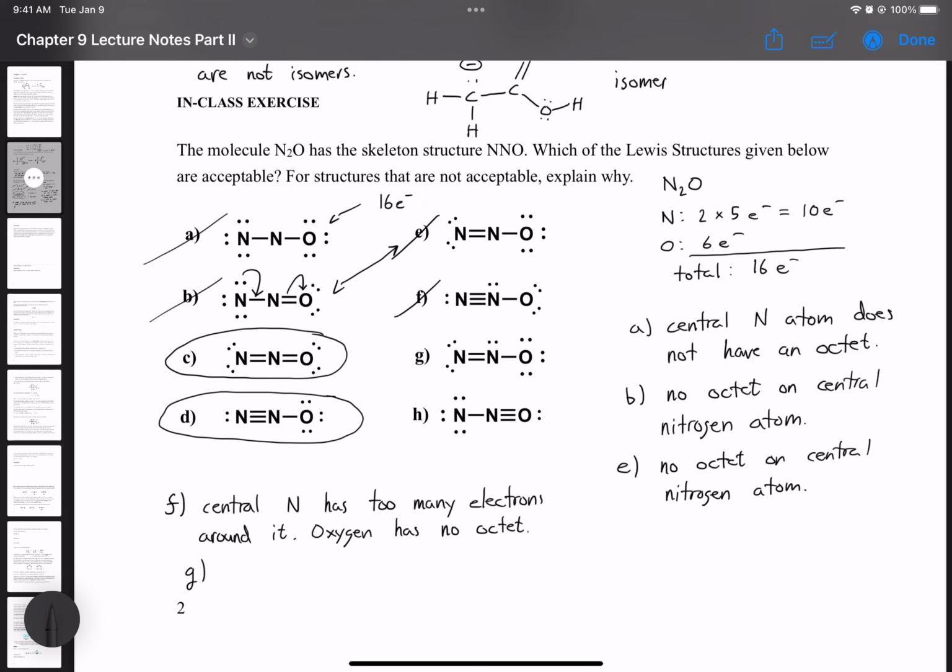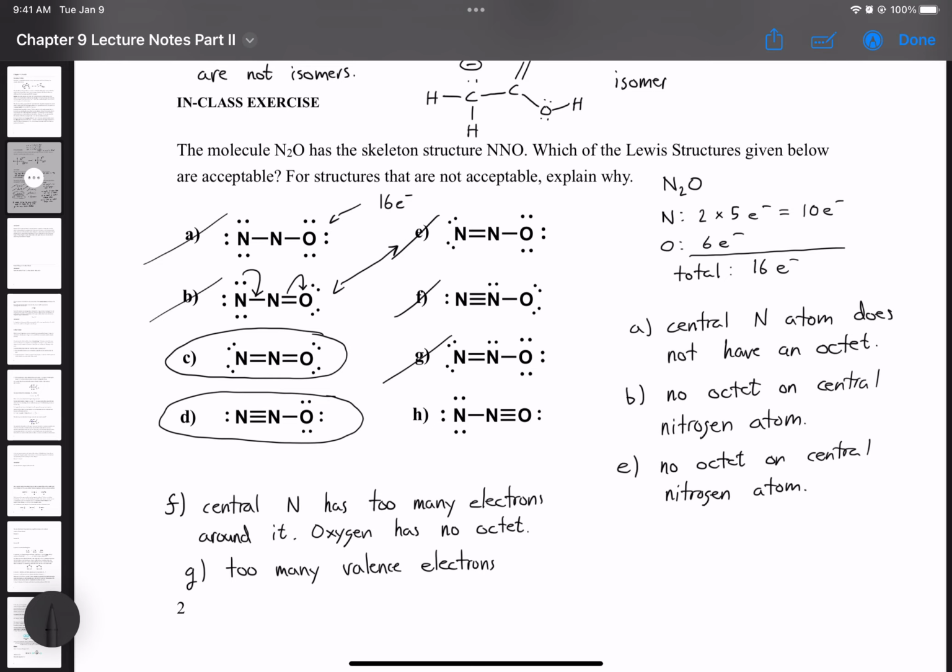So this one is not good because it doesn't have the total electrons that the formula states it should have. So we say too many valence electrons here. So that is not a good structure. Okay? And lastly, H, and we go over here.